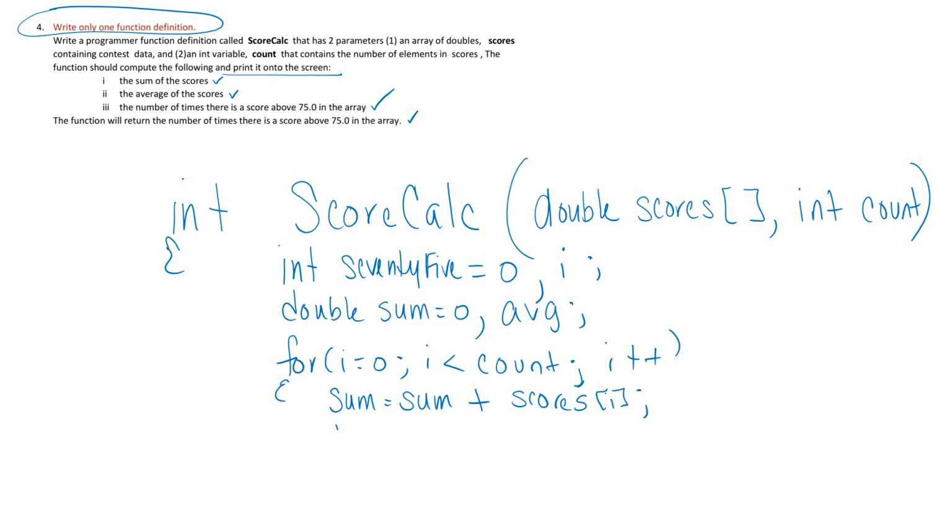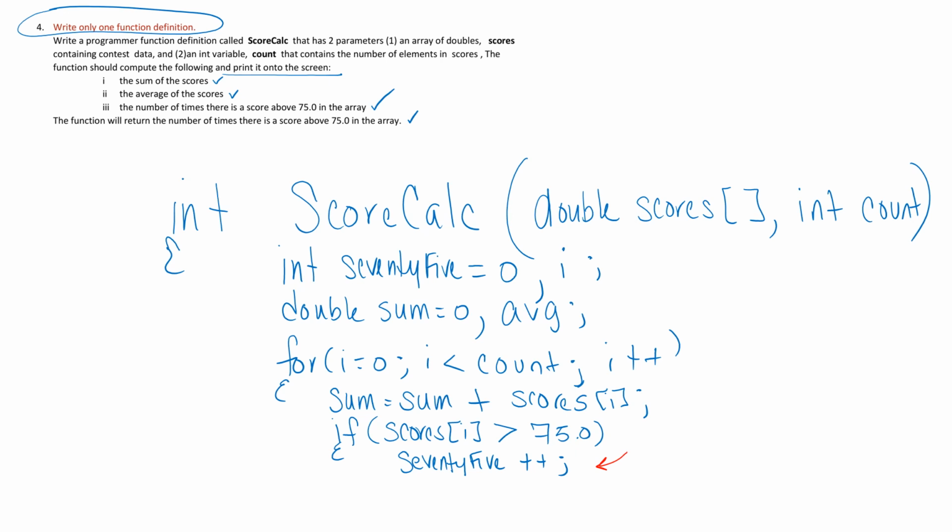Then we're going to check if scores of i is greater than 75. Then we're going to add 1 to our 75 count. So we're going to say 75 plus plus. That's going to update this count if we have scores that are greater than 75.